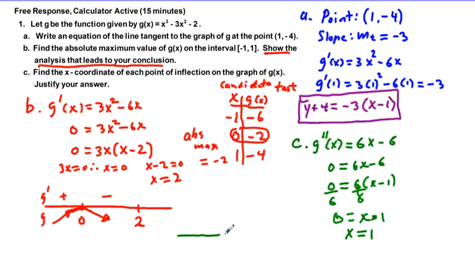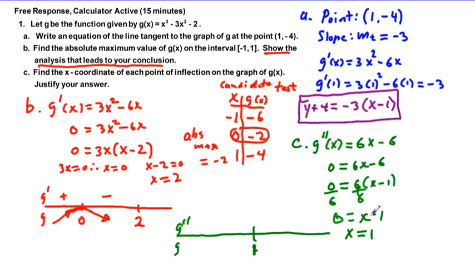I'm going to draw this number line here in green, and 1. I'll put g double prime here on the top, and g below. This is 1 right here. And we're going to use this function here, 0 equals x minus 1. We can just use this one. Let me write it more clearly here.